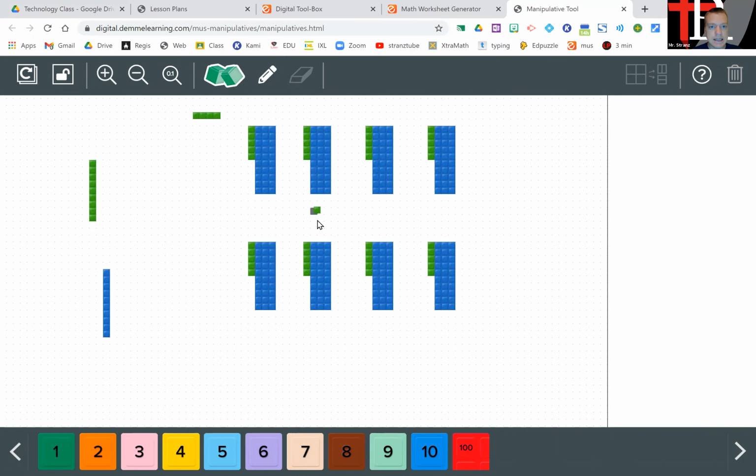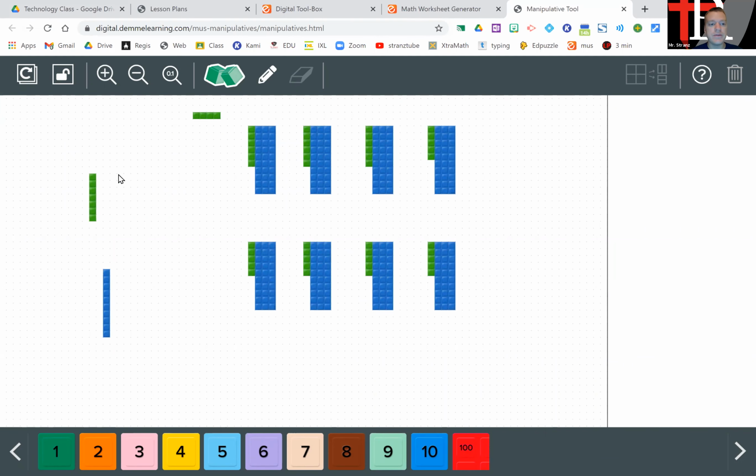Okay, so I'm at, let's see. Okay, so each one has 5, right? 1, 2, 3, 4, 5. Yep. So 6. 6.